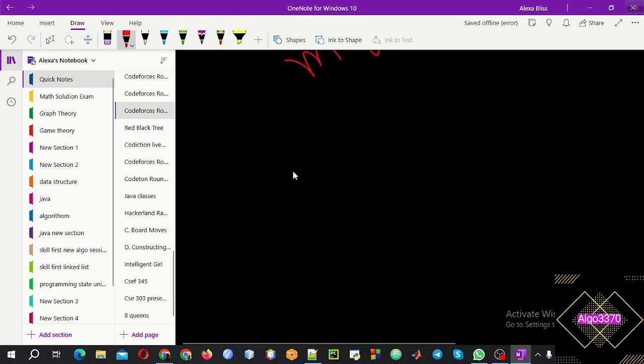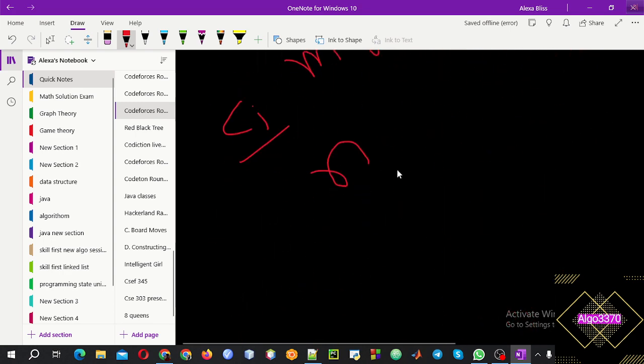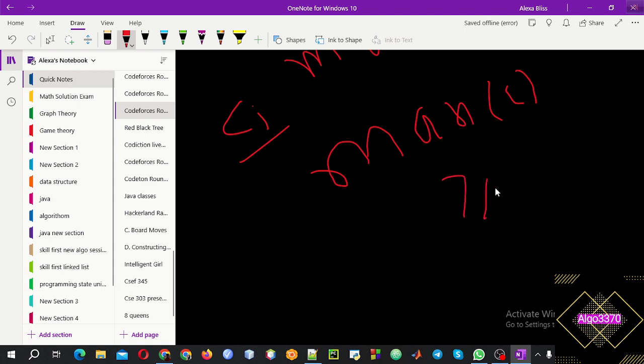Because if a vertex has to be a strong vertex, then it must have some value of C of I, which is A of U minus B of U, and that is the maximum value of C of I, which will be greater than or equal to the remaining n minus 1 values.